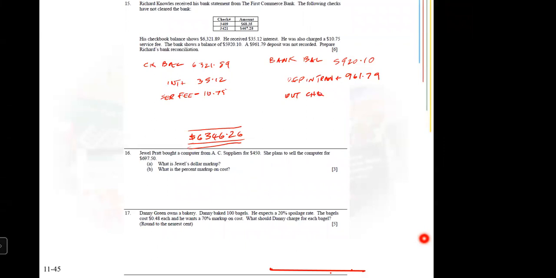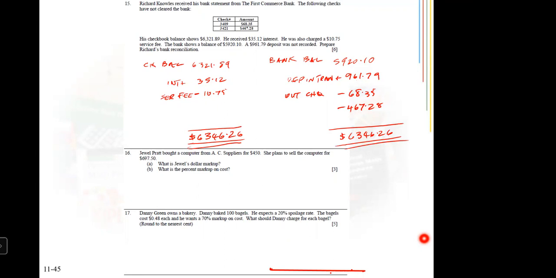One was for 68.35. So you subtract that, and another one for 467.28. So when you add the deposit in transit and subtract the outstanding checks, you should get 6346.26. So the two sides should be balanced with that amount.